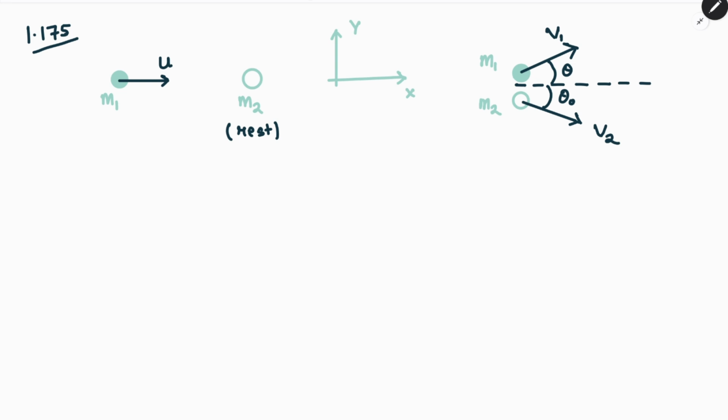Now we begin with the momentum conservation statement, and we will be conserving momentum along the x-axis. So P initial in the x direction is equal to P final in the x direction, and hence we write momentum P is equal to m1 times u, momentum P1 as m1 v1, and P2 as m2 v2, and these are all vectorially written.